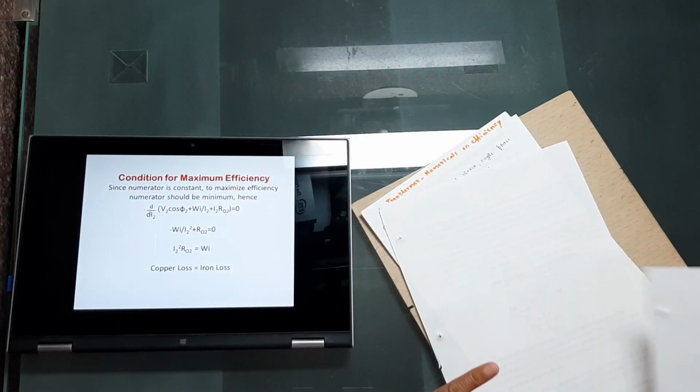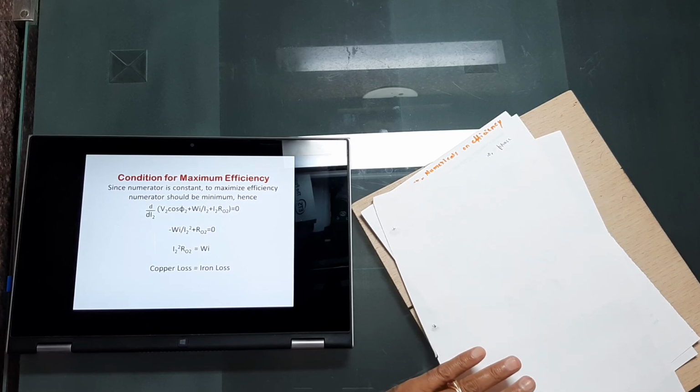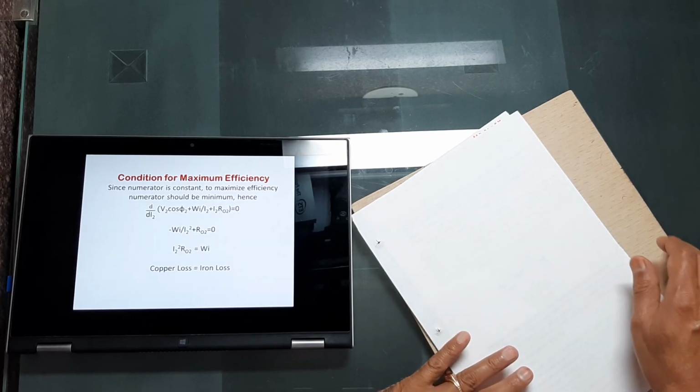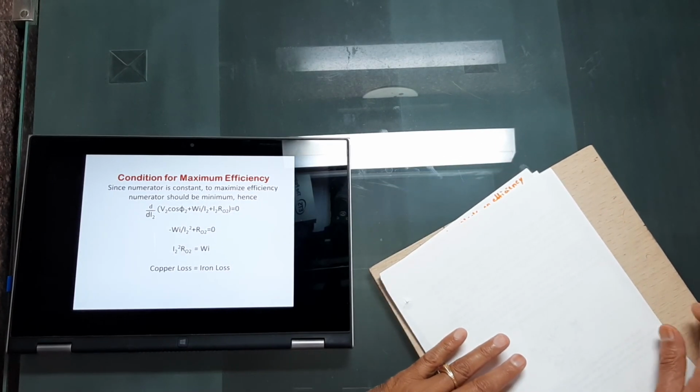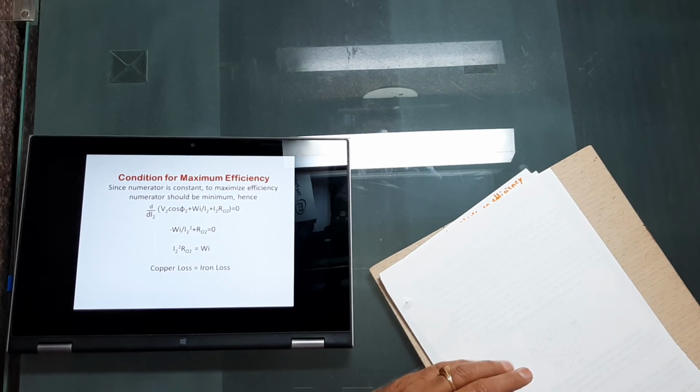Before that, once again, I will write down the different equations we are using for the efficiency calculations.